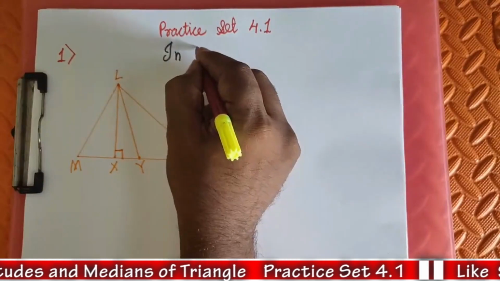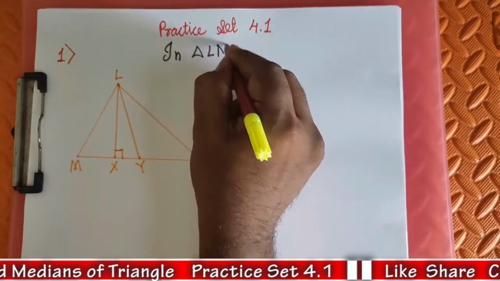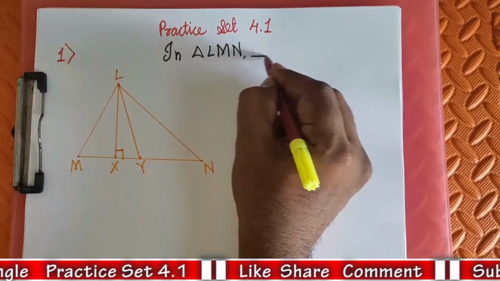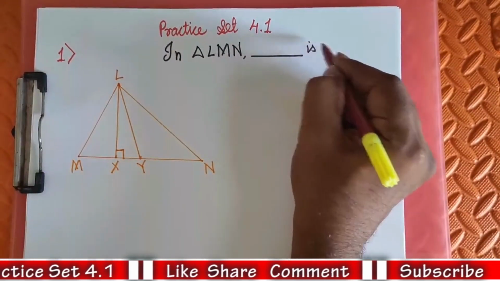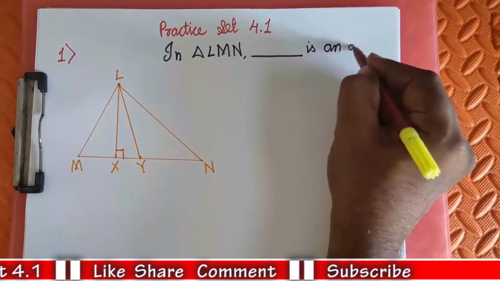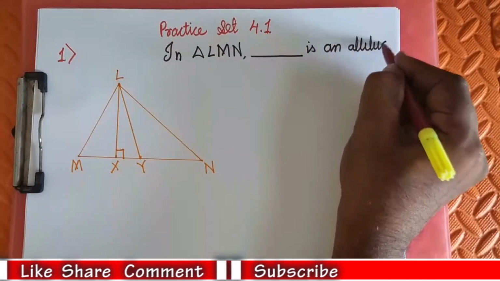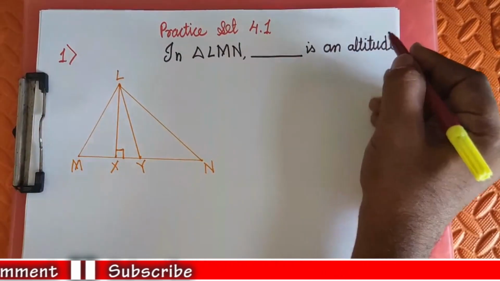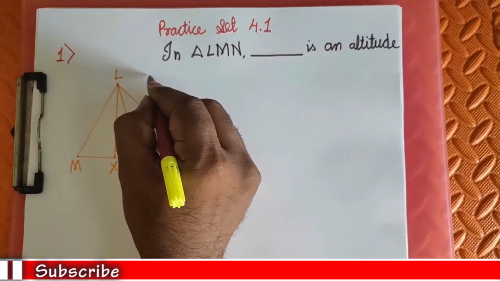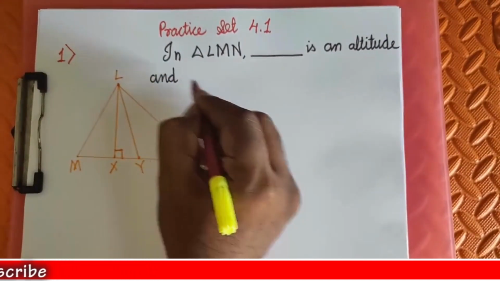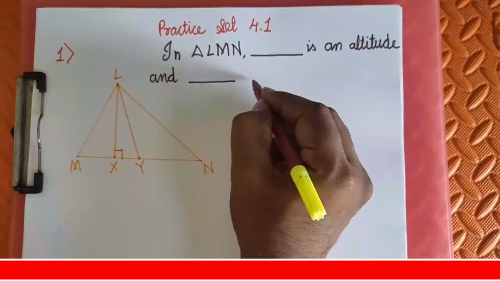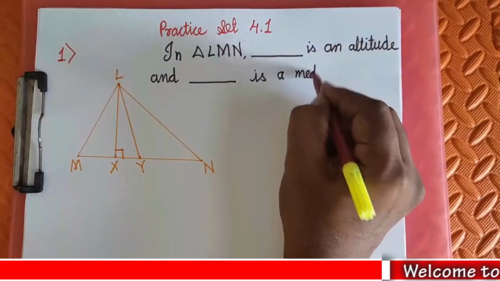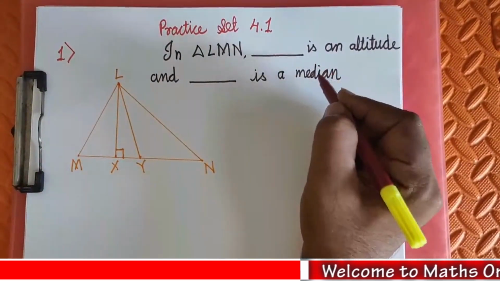In triangle LMN, segment LX is an altitude and segment LY is a median.